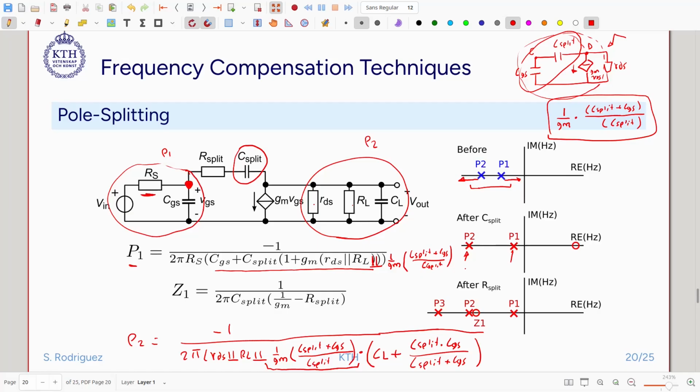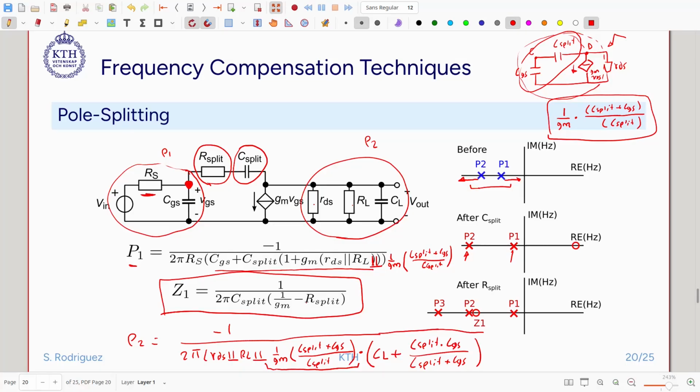But then the third step here is that we can add this resistance. When we add this resistance, we introduce a 0 in the transfer function, and this 0 takes this value. It is very interesting because, depending on my resistor, I can move this 0 from the right-hand plane to the left-hand plane.